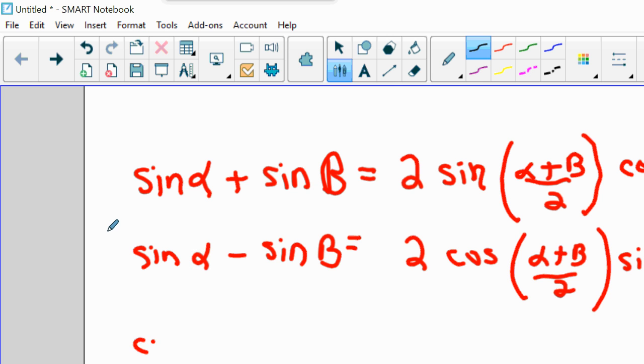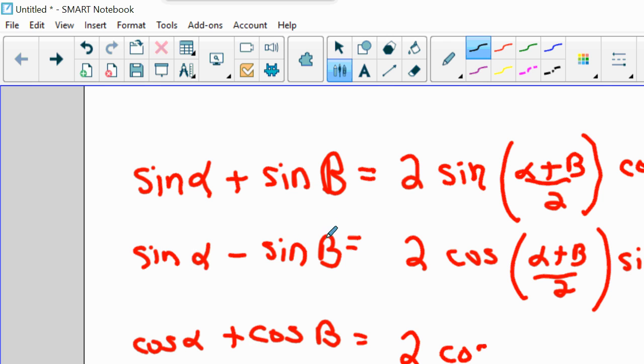And then cosine alpha plus cosine beta is 2 cosine alpha plus beta over 2 cosine alpha minus beta over 2.